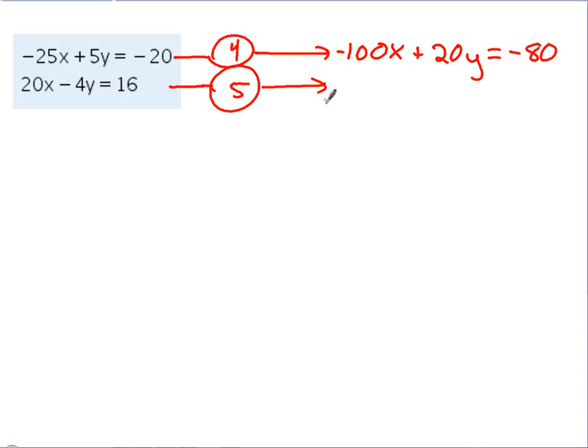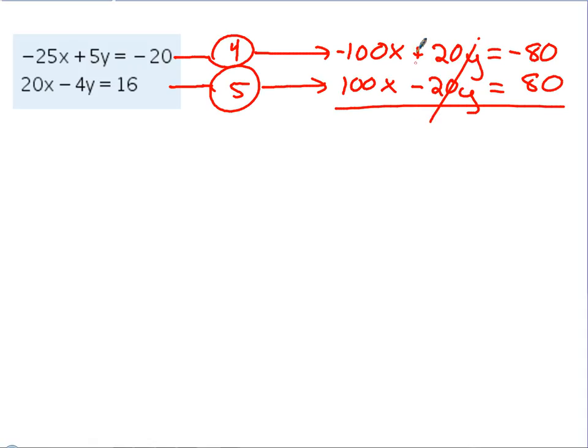Okay, what's that going to give me? 100x equals 80. Okay, so this was one of those oddball cases. When I add them up, yeah, sure, the y's cancel, but so do the x's and so do the constants. And so I end up getting 0 equals 0.